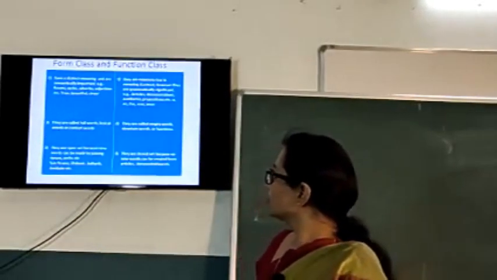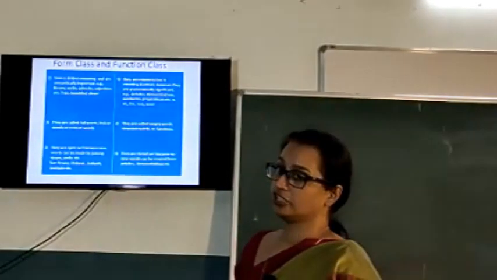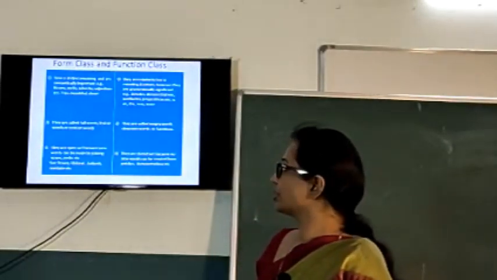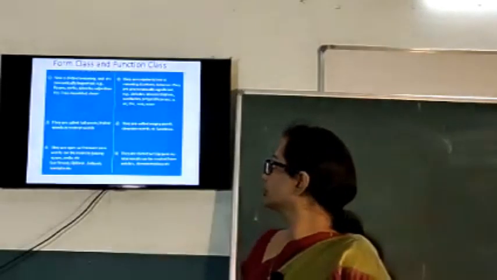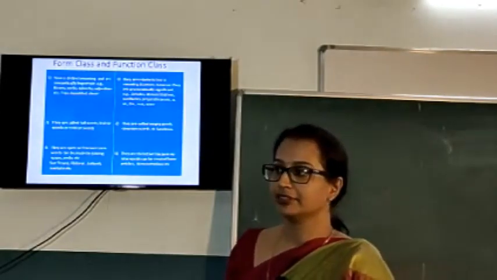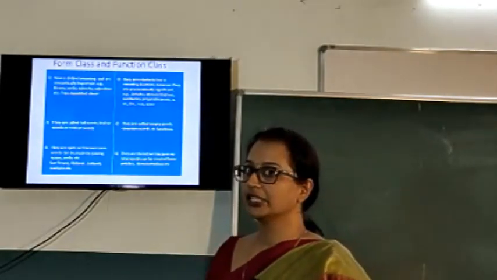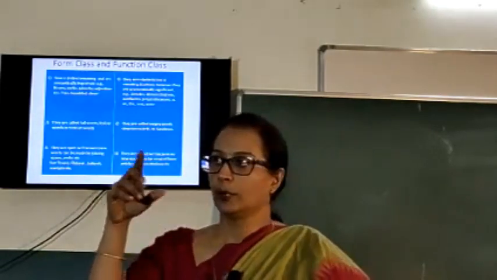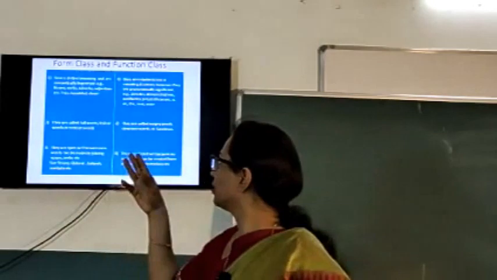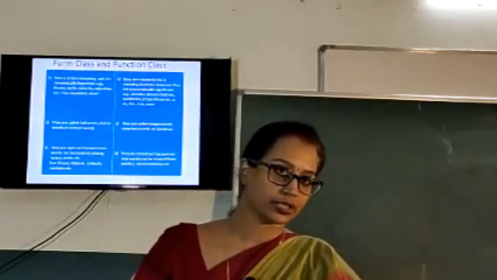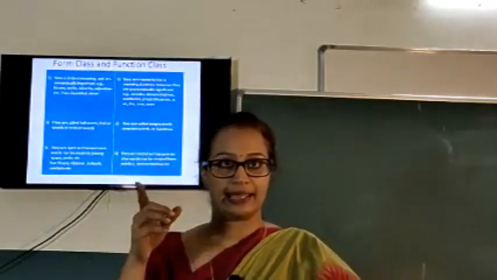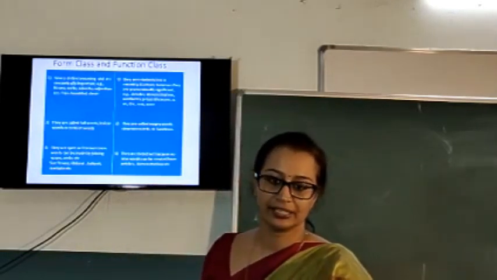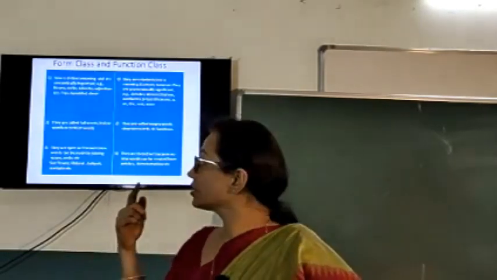Examples: nouns, verbs, adverbs, adjectives. For instance, tree, beautiful, clever. Nitya is a clever girl. Smeo is a brilliant boy. Now, Smeo, brilliant, boy are form class words. Is and a become function class words. Clear? Alright, shall we move on to the next one?